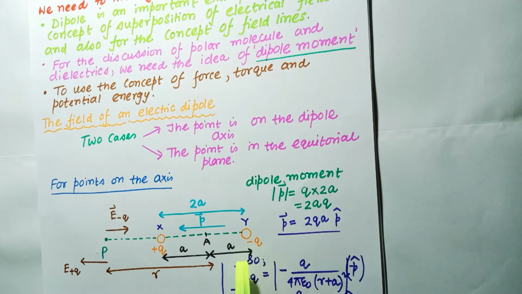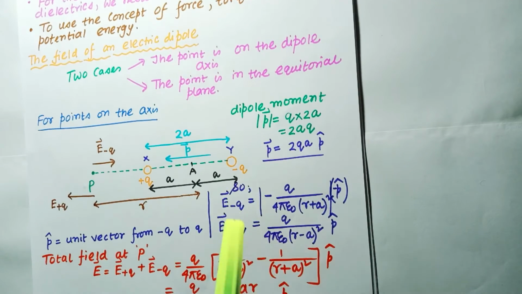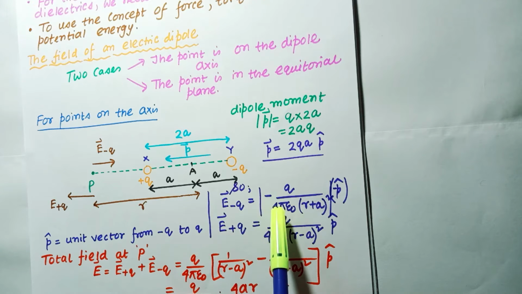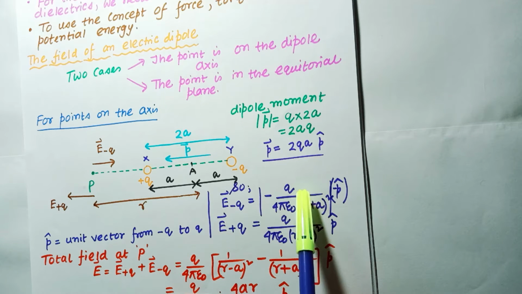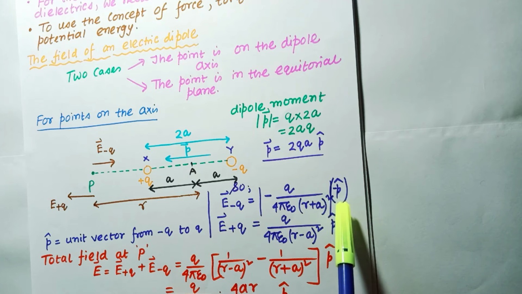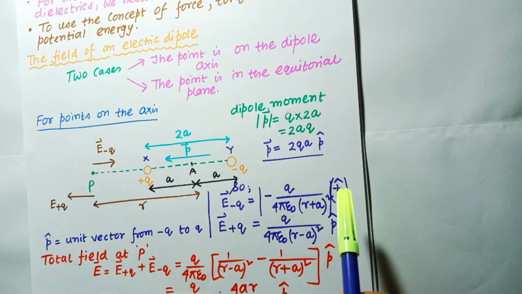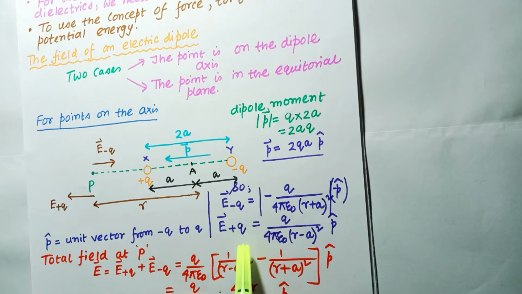p direction. So the electric field due to the minus q charge will be minus q over 4 pi epsilon naught times (r plus a) whole squared times p cap, with a minus sign. And the electric field due to the plus q charge will be q by 4 pi epsilon naught times (r minus a) whole squared times p cap.